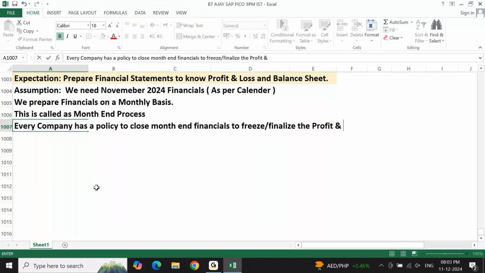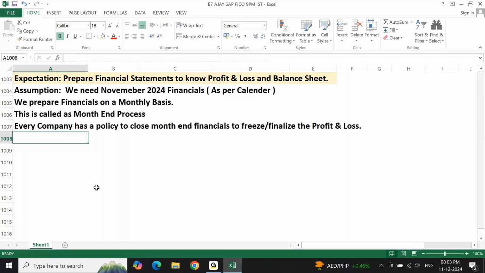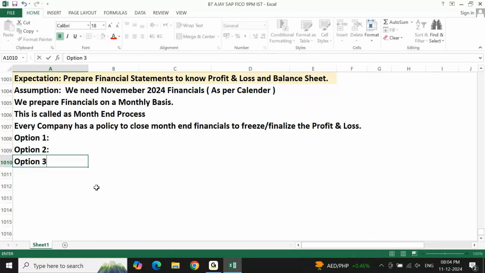As and when you cannot do it, right? You need to have a logic, you need to have a policy. So it may be different ways. Let's say we'll take a few options. Option number 1, option number 2, let's say option number 3. Likewise, there may be several.